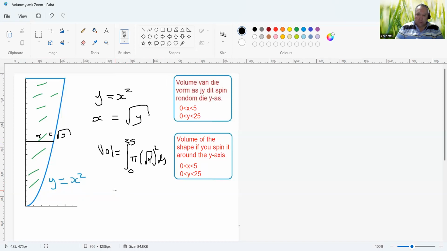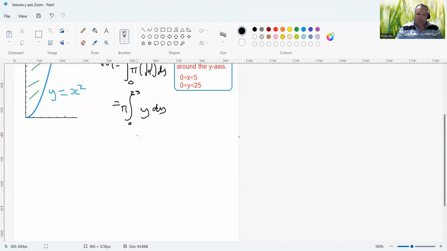Now I'm just going to simplify a little bit: integral from 0 to 25, with the pi just outside to make it simpler, of y dy. And that's a relatively familiar integral you would have seen before. So that will just be pi times 1 over 2 y squared, which we will evaluate between 25 and 0.